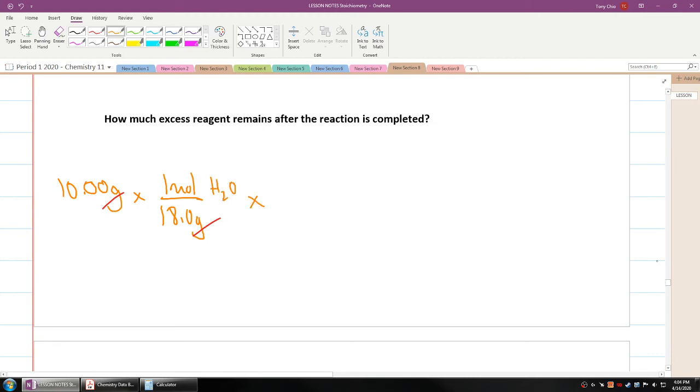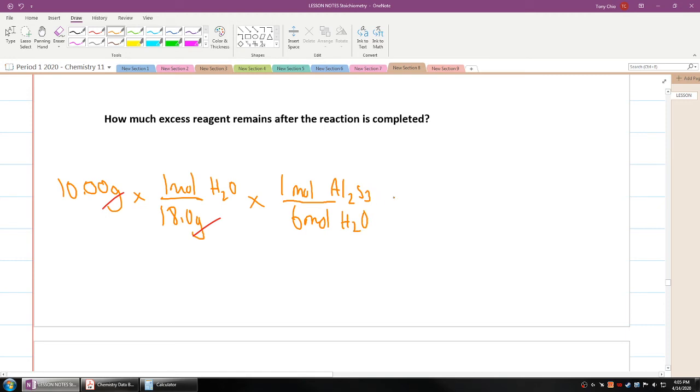But this time I'm going to cross the mole bridge not to our product, but to my aluminum sulfide, which in this case is 1 mole of aluminum sulfide over 6 moles of water.